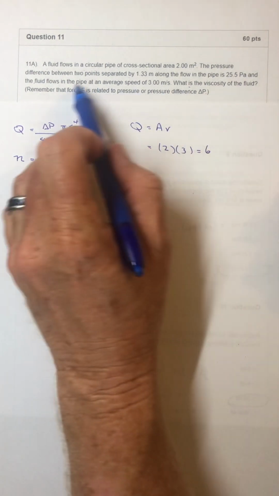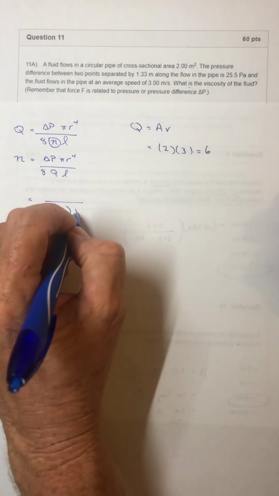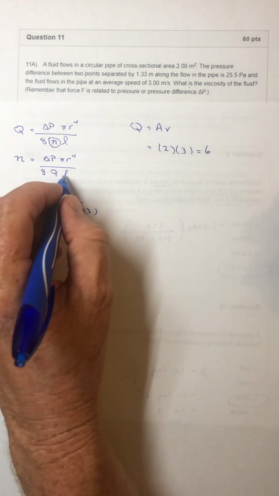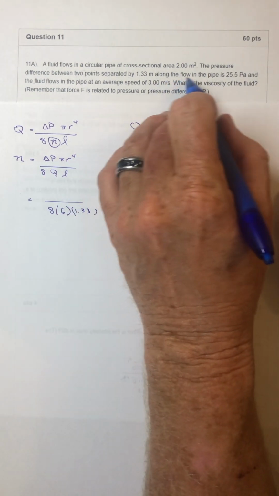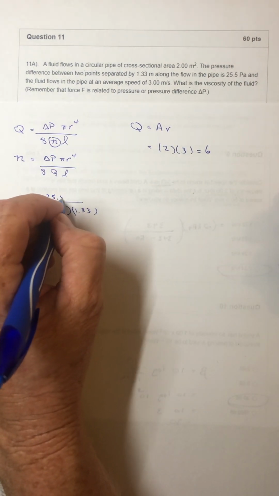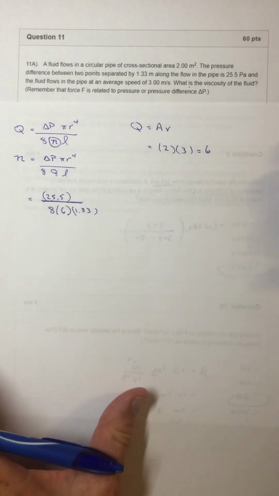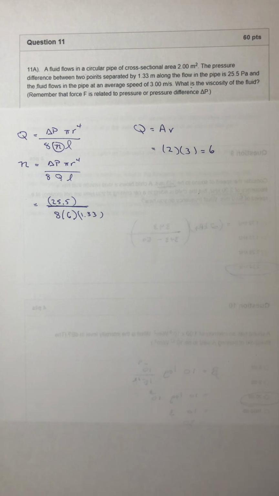Now, some of the other numbers given in here were the length of the pipe, 2 points separated by 1.33 meters. So there's the L, the length of the pipe. The pressure difference, or the pressure drop. This would be of big concern as we ask, how does the pressure drop as blood moves through the veins for you life science, or maybe for you hydrologists, how does the pressure drop down a main water line, especially when it comes to fighting fires?